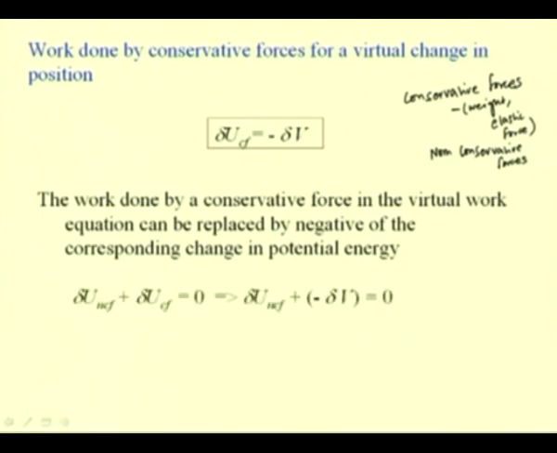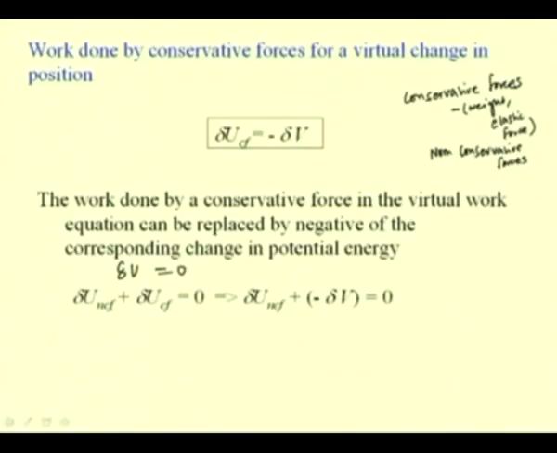So, we have this equation: delta U equal to 0, the total virtual work has to be 0 for the system to be in equilibrium, and that work is divided into two components, the work done by the conservative force and the work done by the non-conservative force.